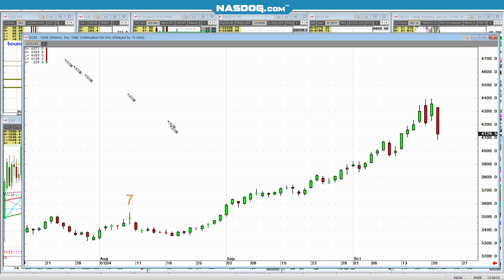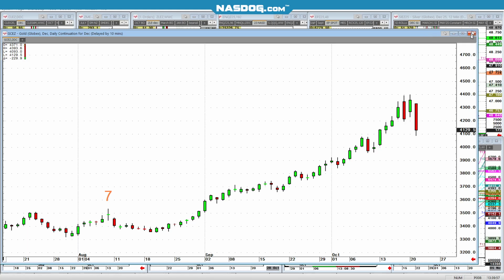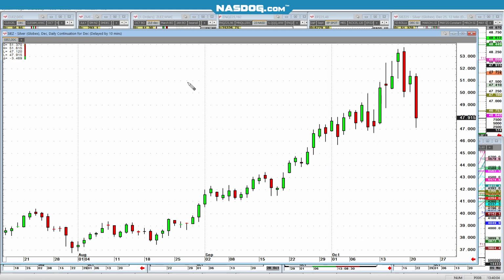$30 off the low, ish. Okay, we're just going to approximate here. We'll run through these charts. So silver, let's just pump. Before I go to my charts, okay, this would have been a key reversal here also. If it's red, that means we opened lower and closed higher.